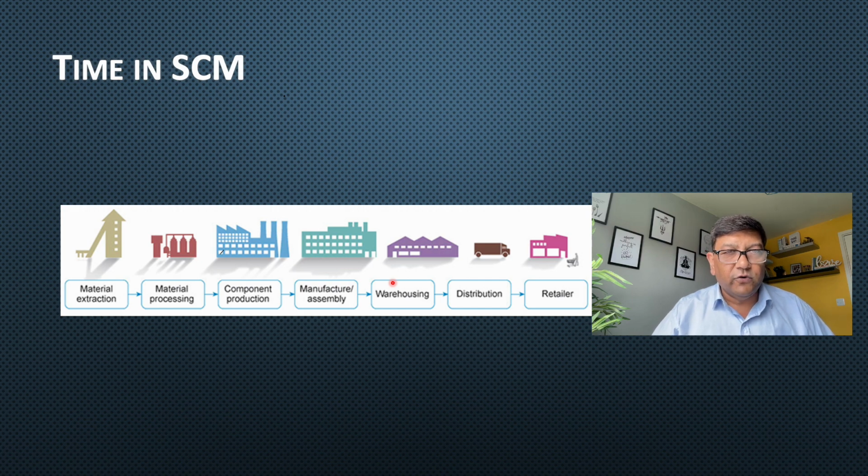So another way could be having a local supplier, but that is again a trade-off, because a local supplier might have much costlier components or materials. We have to look at those trade-offs, and we will look at them later in other sessions.